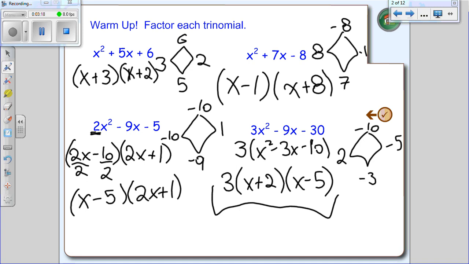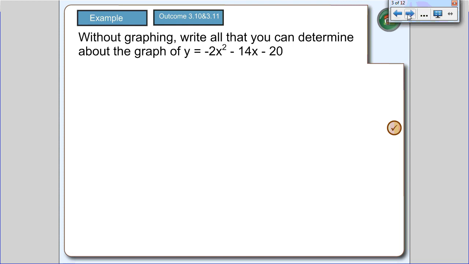Your x-intercepts are negative 2, because that makes this one 0, and 5, because that makes this one 0. The 3 in front has nothing to do with it. So the original 3x squared and the back version have the same intercepts. Exact same intercepts, yeah. Okay. That should be reviewed, right? Most of this should all be reviewed.